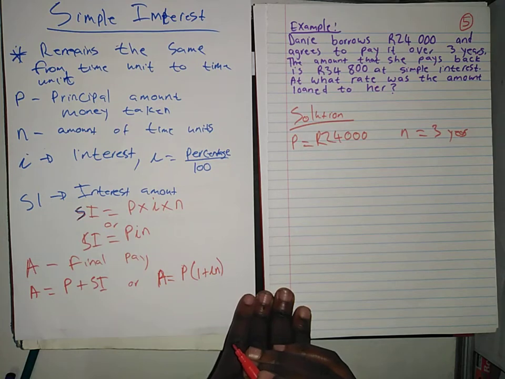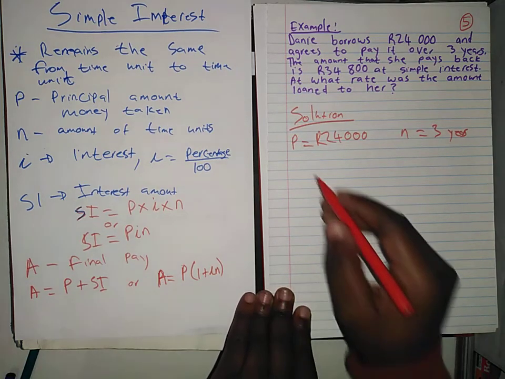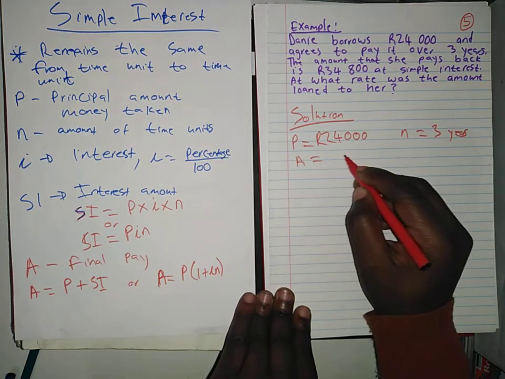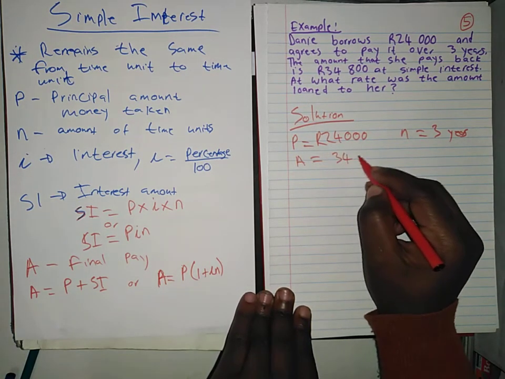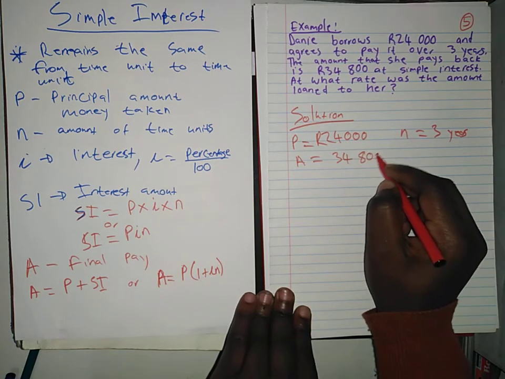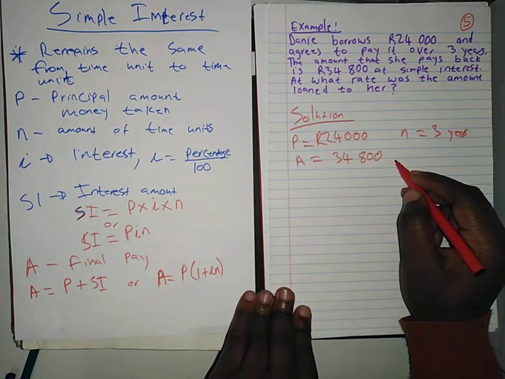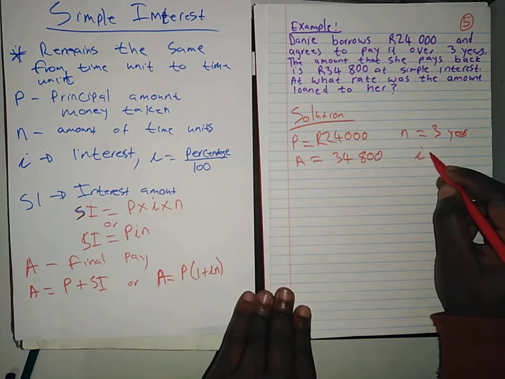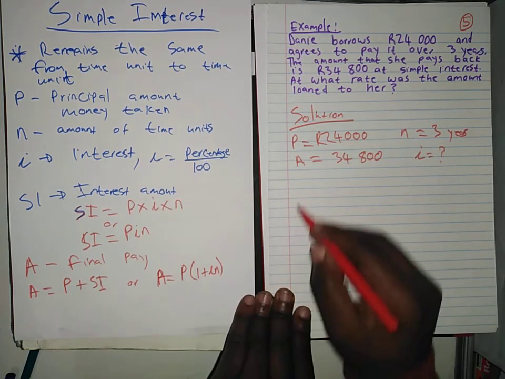And then the amount of money you finally pay back, so that is A, is 34,800. And then they are asking for the interest. So what was our I? We do not know what our I is.